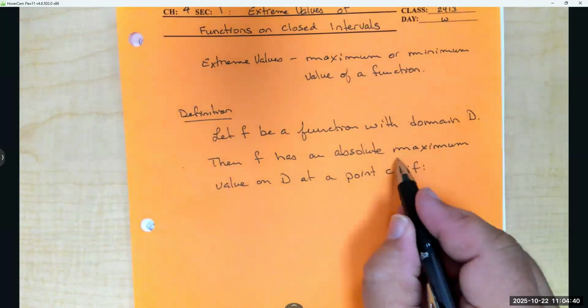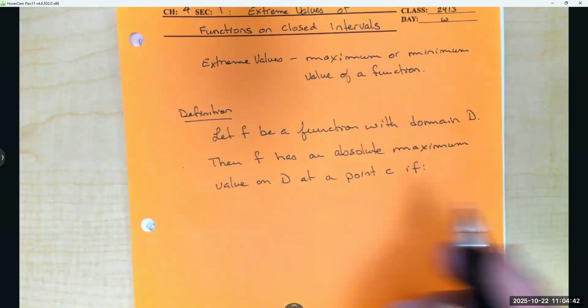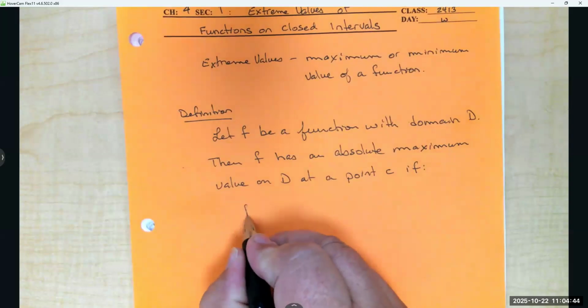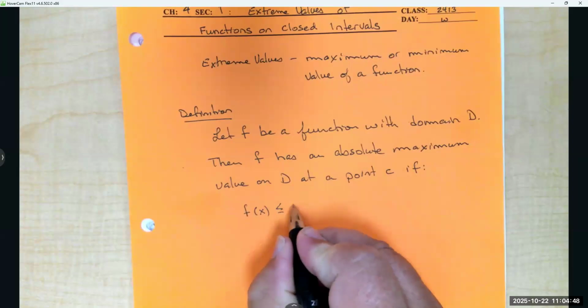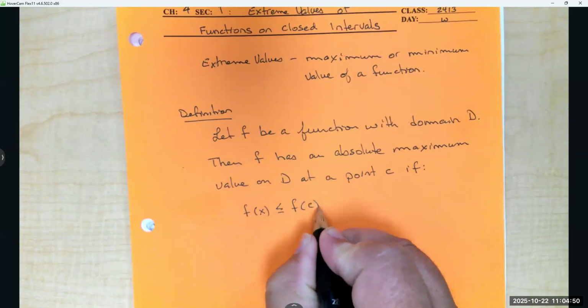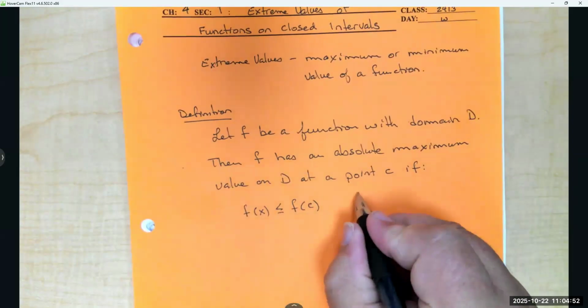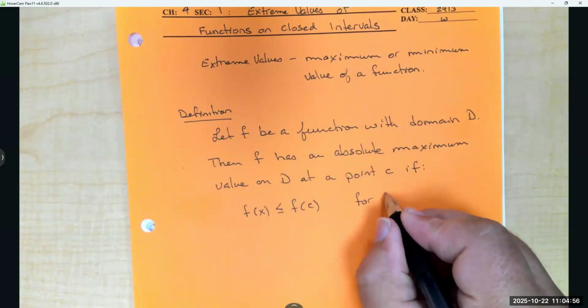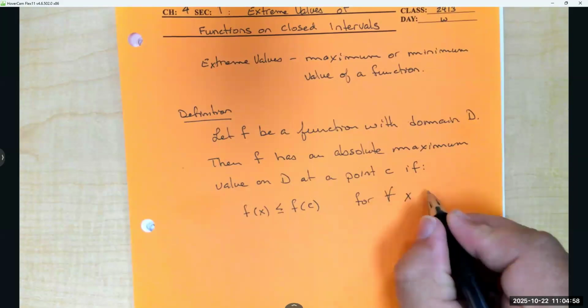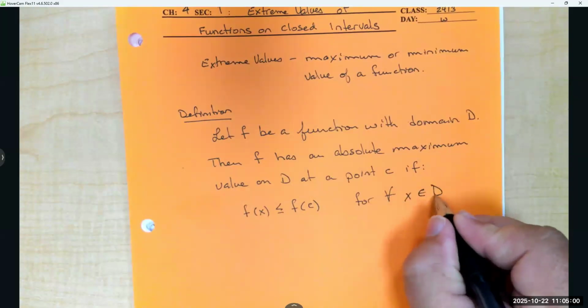So here we're looking for absolute maximum. So what it says is for all other x's, it has to be less than that value. For every x in D.